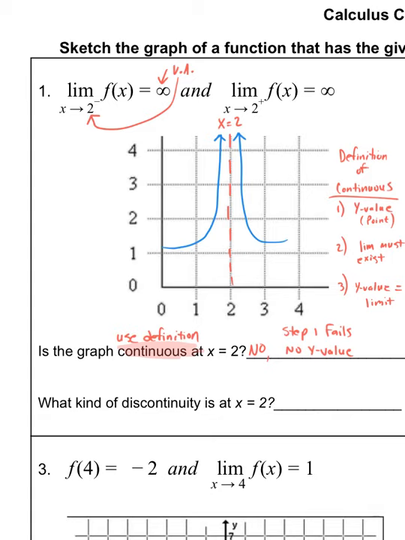Okay, now what kind of discontinuity is at x is equal to 2? An asymptote is called an infinite discontinuity. So we say infinite discontinuity. Just put a little abbreviation there. That is an asymptote. Okay, so there's number 1.